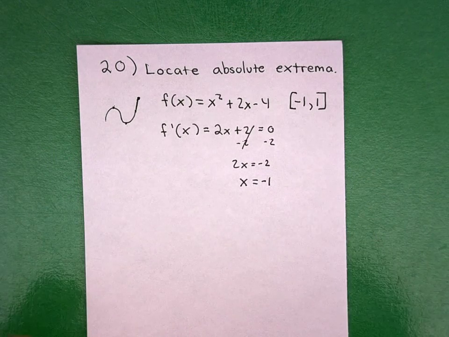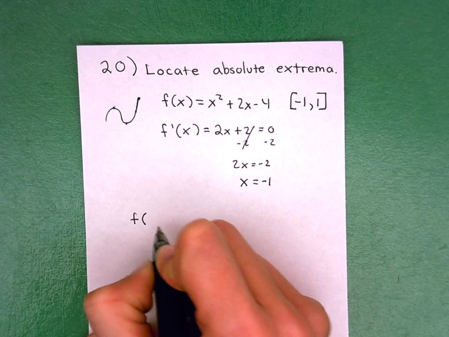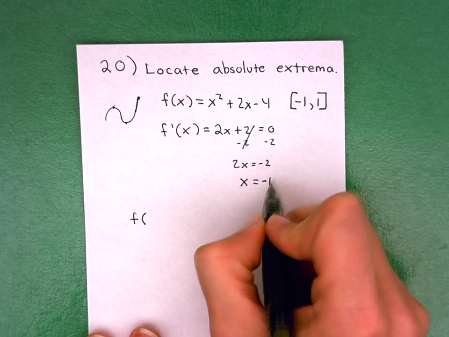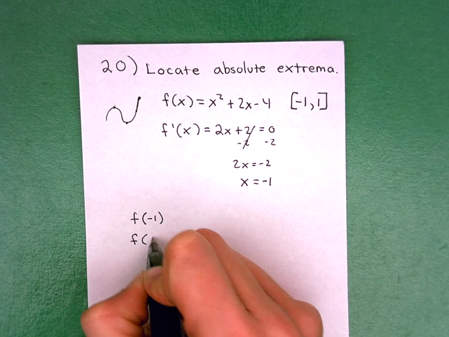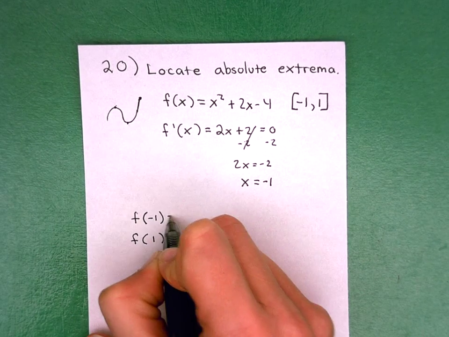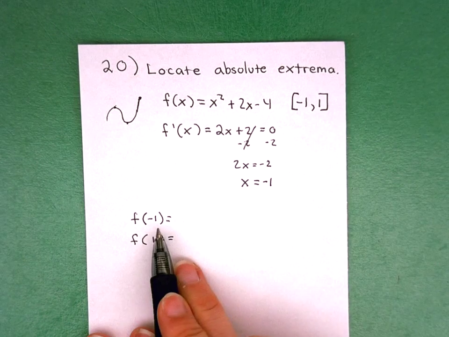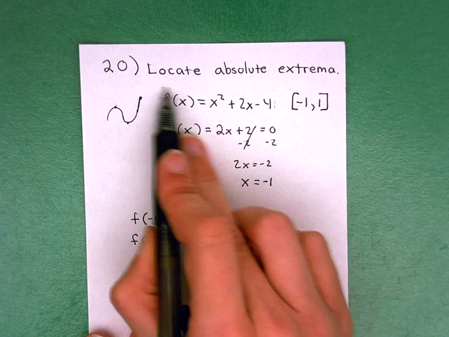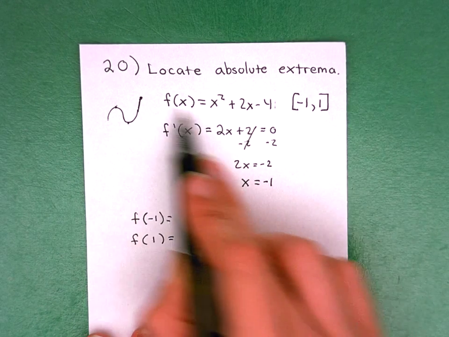And so when I want to know what gives me the highest height, I want to know which one's my biggest y, or which one gives me the lowest height, which one's my smallest y. And so I'm going to be plugging these numbers, both of my endpoints, and each of the critical numbers that are inside the interval. In this case, that would just be negative 1. Okay? Each of those critical numbers, we're plugging them all into my f equation, because that'll give me my y coordinate. It will tell me how high or low they go.